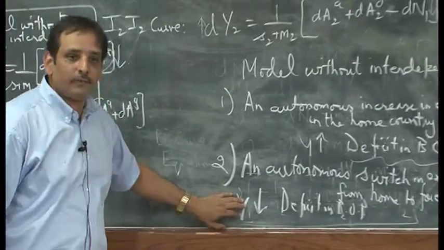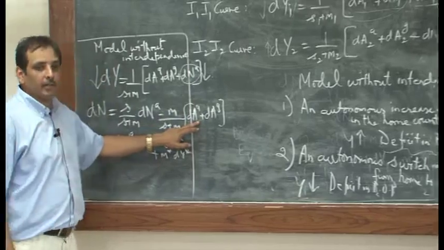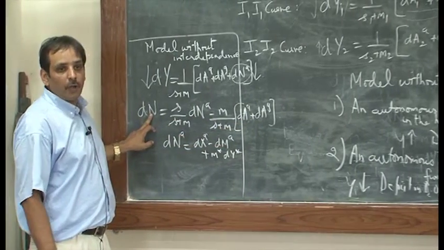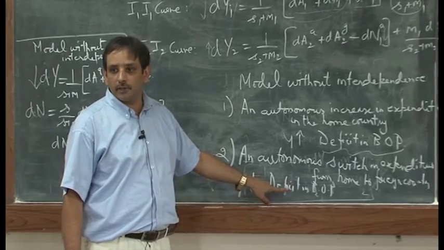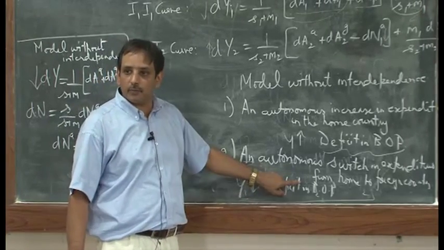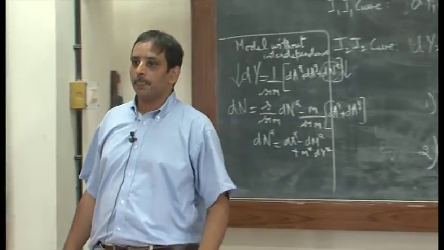So he can take care of the internal balance, but never realizing that when the expenditures go up, you have a current account deficit, you move away from your external balance. You may achieve internal balance, but you move away from your external balance.